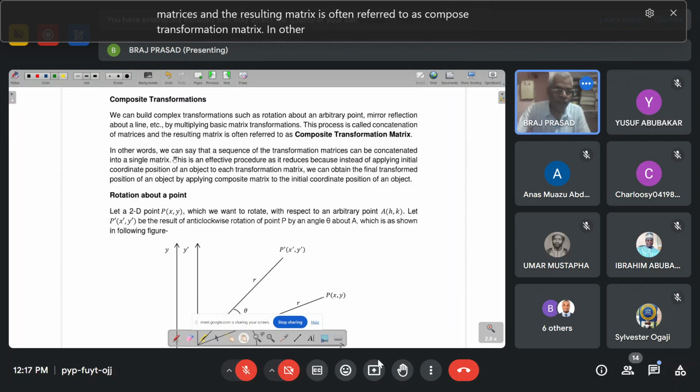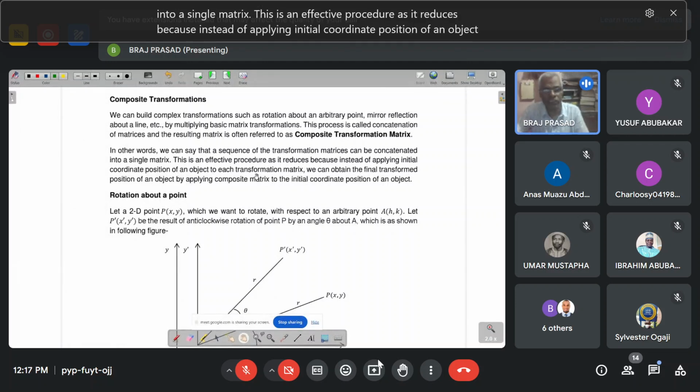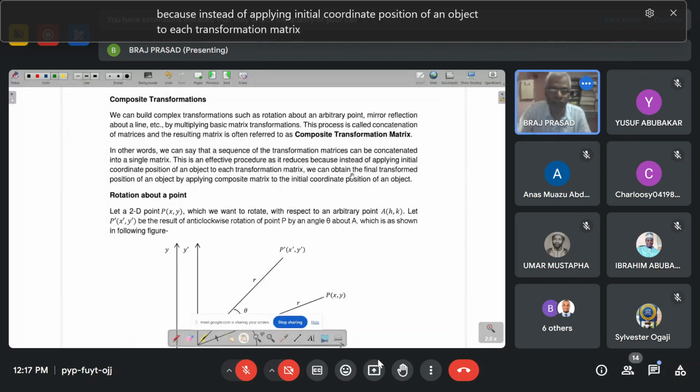In other words, we can say that a sequence of the transformation matrices can be concatenated into a single matrix. This is an effective procedure, because instead of applying the initial coordinate position of an object to each transformation matrix, we can obtain the final transformed position of an object by applying the composite matrix to the initial coordinate position of an object.